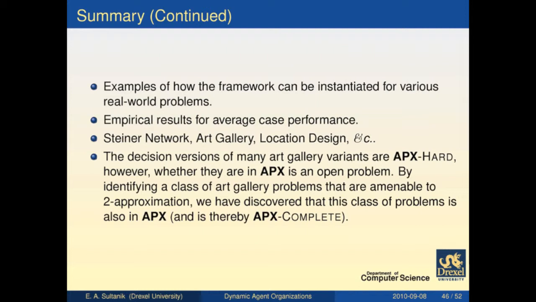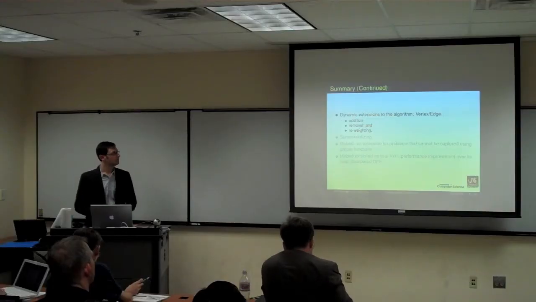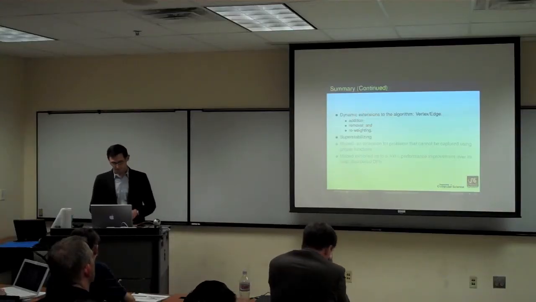And interestingly, for the art gallery problem, the decision versions of many art gallery variants are APX hard. However, whether or not they're in APX is an open problem. But by identifying this class of art gallery problems that are amenable to 2 approximation using this distributed algorithm, which can also be run sequentially, we have discovered that this class of problems is also in APX for this subset of the art gallery problems, and thereby it's APX complete.